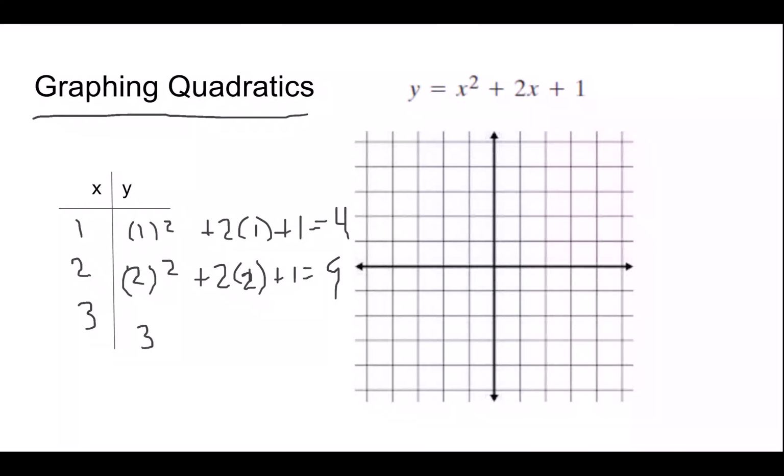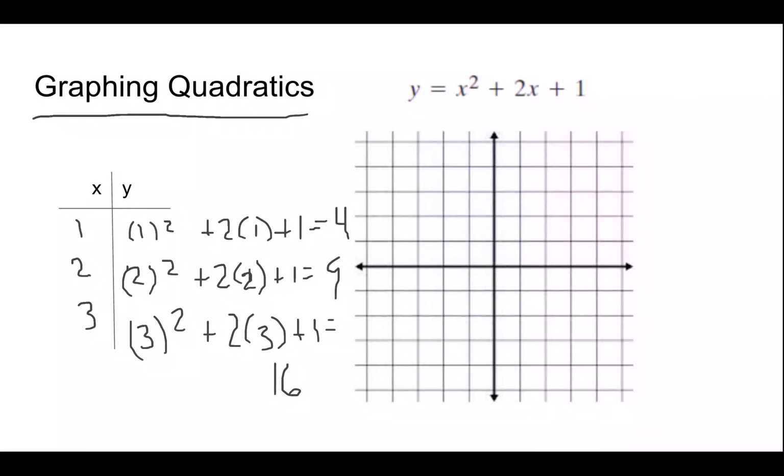Then 3 is going to get pretty big, but 3 squared plus 2 times 3 plus 1, so you have 9 plus 6 plus 1, which will give you 16. So those are the 3 points, and let's graph those 3 points.